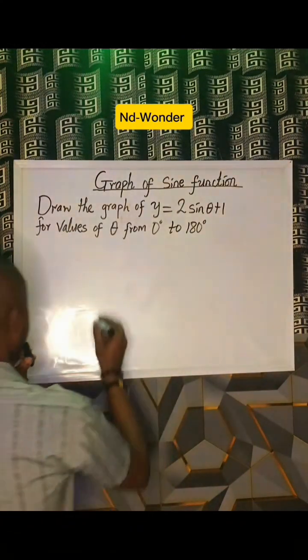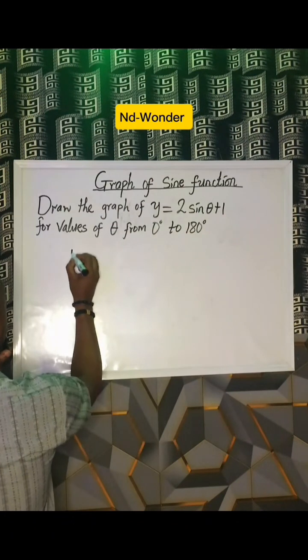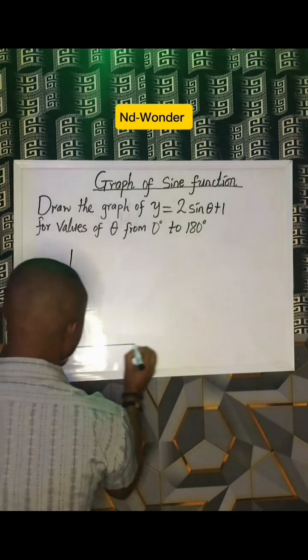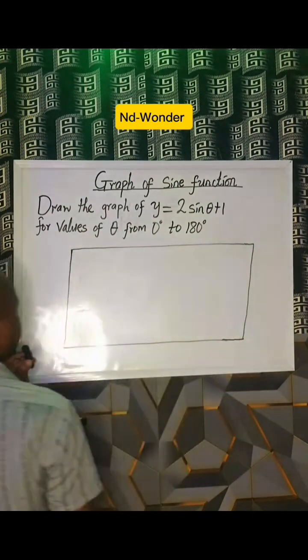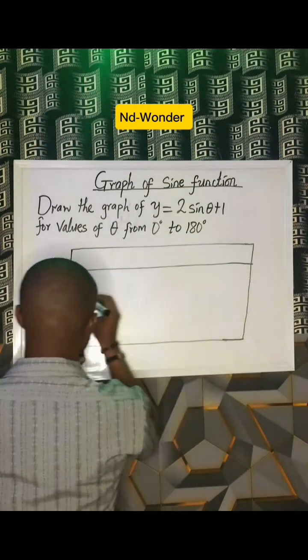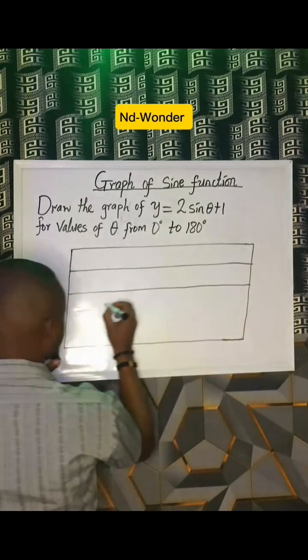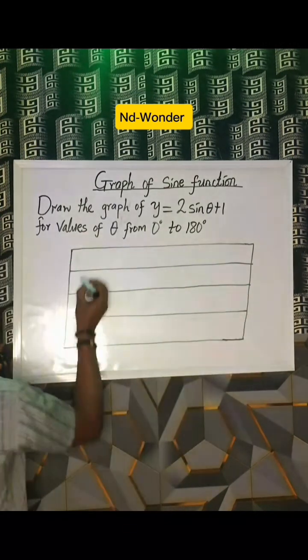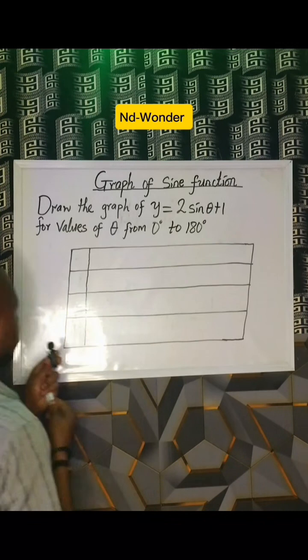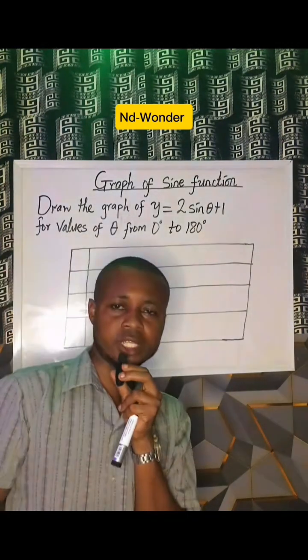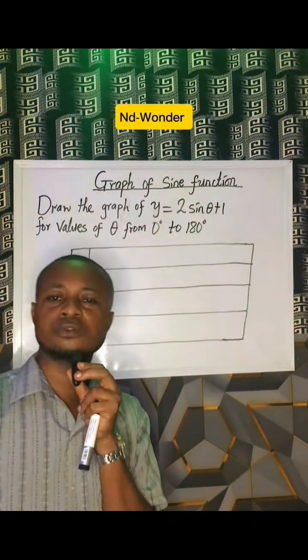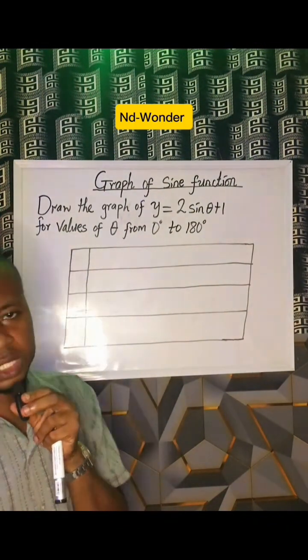Now, all I need to do here is to make my table quickly. Our theta is to be from 0 to 180 degrees. Funny enough, I can't number it from 1 to 120.